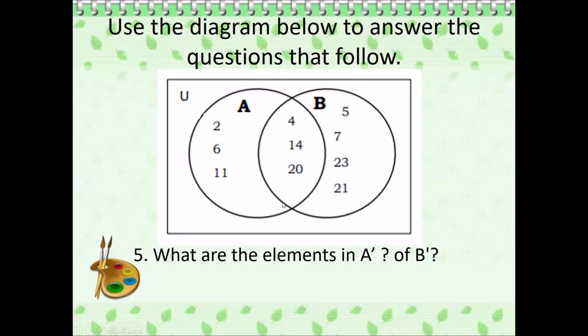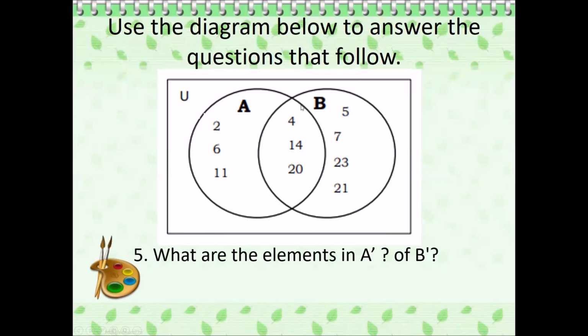So, ang set A ay mayroong elements na 2, 4, 6, 11, 14, and 20. Yung nasa labas ng set A, yon ang kanyang complement. And what are these elements? 5, 7, 21, and 23. So, these are the elements of the complement of A.